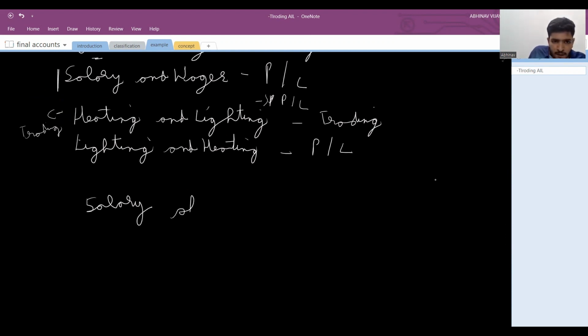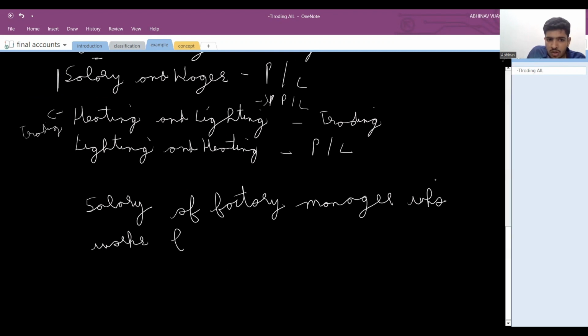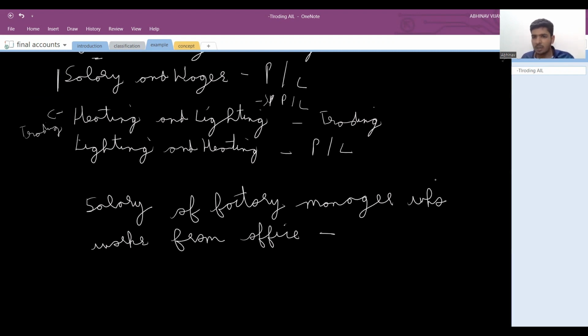Salary of a factory manager who works from the office. What this means is there's a factory manager who manages the factory, but he doesn't go to the factory. From the office itself, he manages the factory.